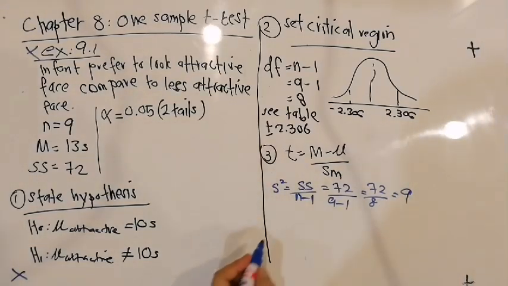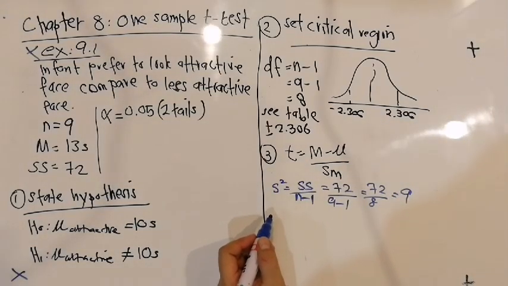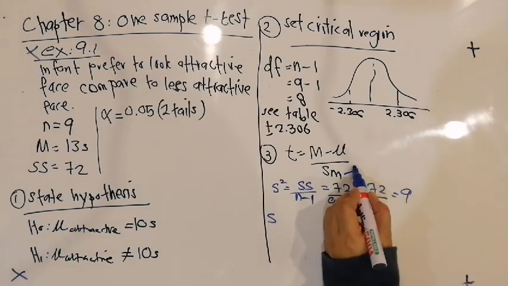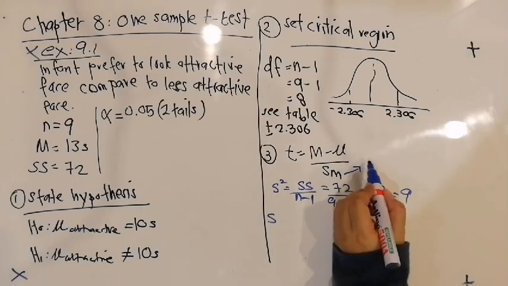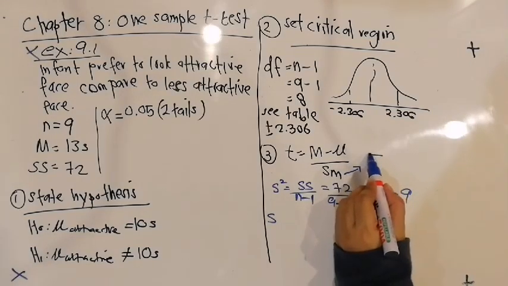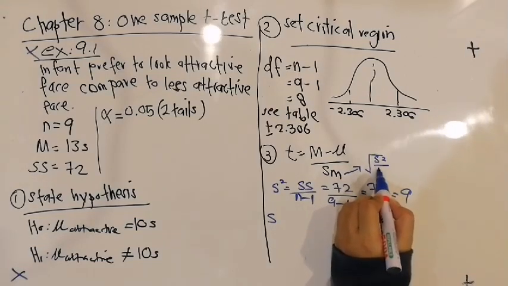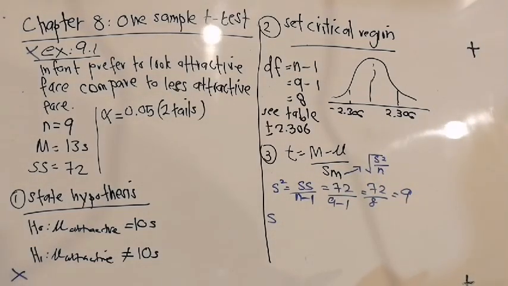Okay, to get sM, what is the formula for sM? The formula for sM squared is s squared divided by n.